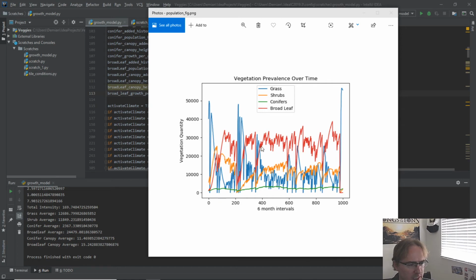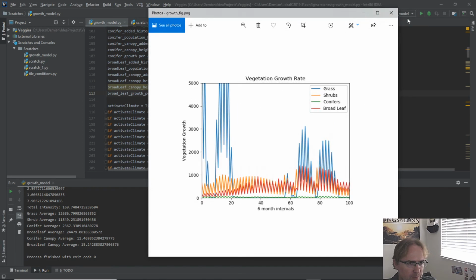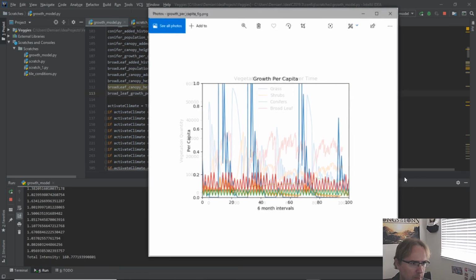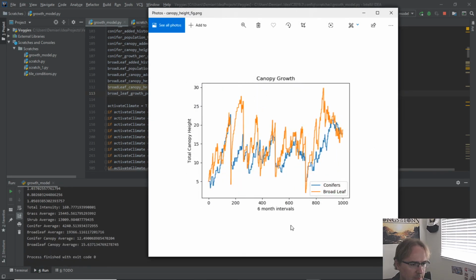Occasionally you have periods of primary succession, but theoretically, you can imagine if we inject some grazers into this formula, and you get one of these primary succession events, then the grazers, in theory, should be able to constrain the growth of trees and scrub. Let's look at canopy height. Let's see how low canopy height gets.